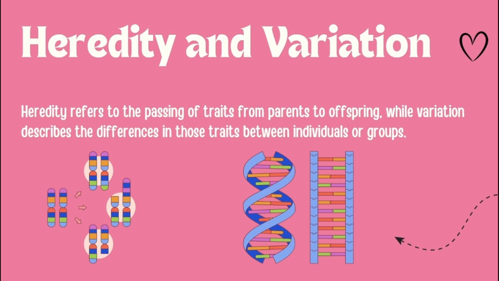It makes them less susceptible to diseases. It helps them live longer because they're different and able to adapt to the environment differently, right? So that's the main difference between hereditary and variation. But overall, these two concepts help us understand how traits are passed on from the parents to the offspring.